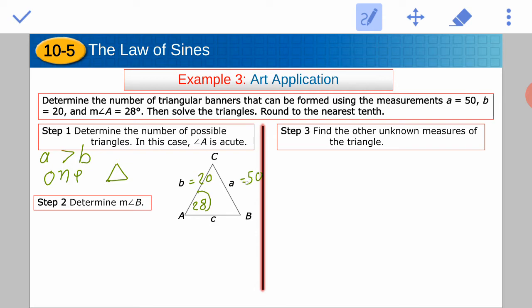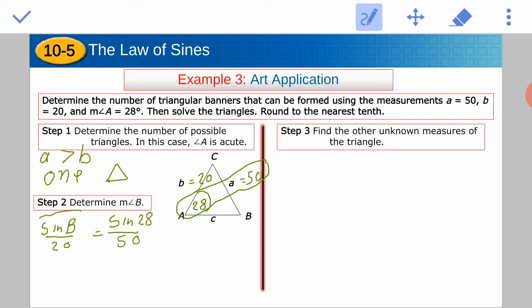Guys, my key ratio is angle A and the opposite side because I know both of them. So I'm going to start every time with this one. I can start with angle B and the opposite side. Angle B is unknown, so sine angle B over the opposite side 20 is equal to sine of angle A, which is 28, sine 28 over the opposite side 50.